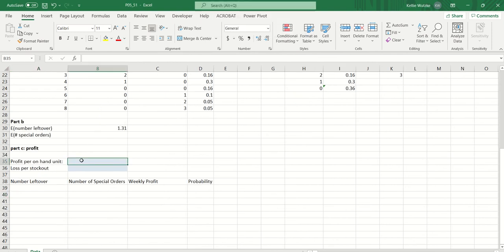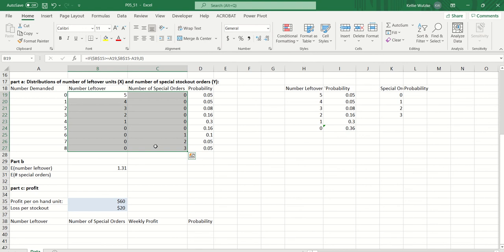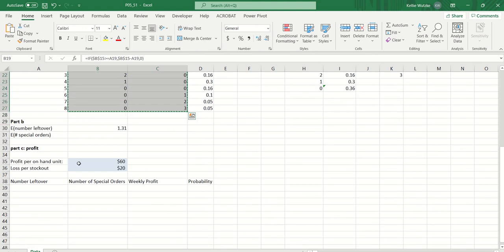Okay, so I've gone ahead and set this up to solve, and I need to enter my new variables. So I have the profit for an on-hand unit and the loss per stockout. So for the number left over and the number of special orders, I'm just going to carry over my scenarios that are possible from this table here.